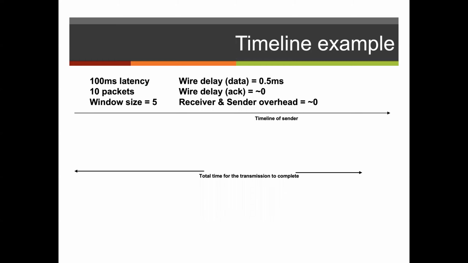So let's consider an example. We have 100 milliseconds latency with a wire delay of 0.5 milliseconds and a wire delay for acknowledgement close to 0. Receiver and sender overhead is close to 0. We have 10 packets and a window size of 5.